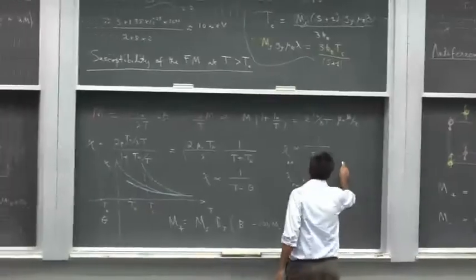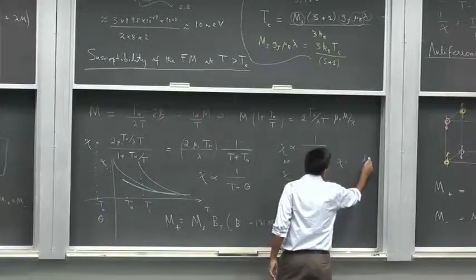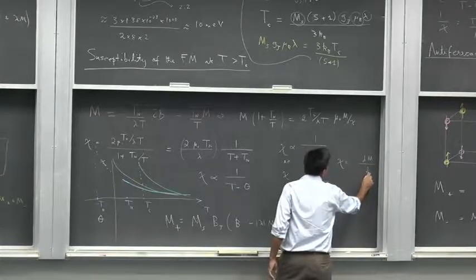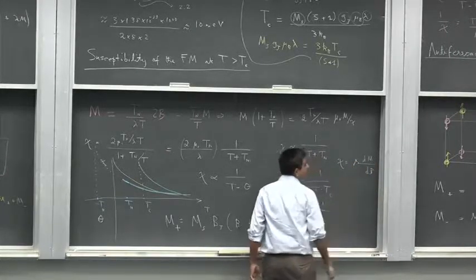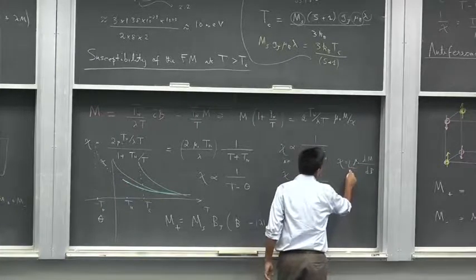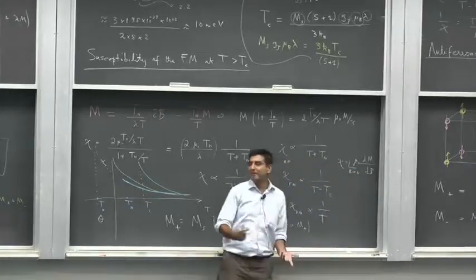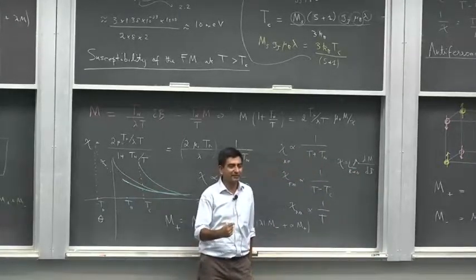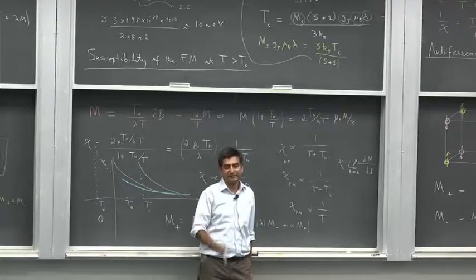The susceptibility, we all know, is dM by dB. This is the susceptibility, right? In the limit that B is 0. Applying a magnetic field to an antiferromagnet might cause a change in the magnetization.